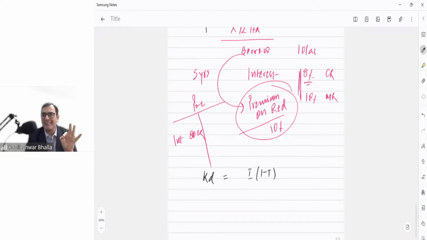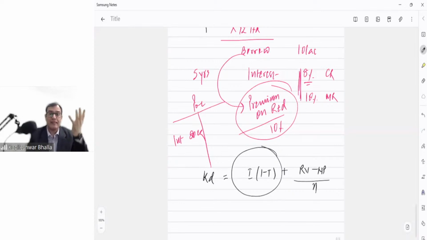You consider the I into (1 minus T), saying that interest is just one element of the cost of debt, but there is also a difference between the redemption value and the net proceeds spread over the number of years. So the interest is one element of the cost of debt, and the premium on redemption or the discount on issue is also another component of debt.